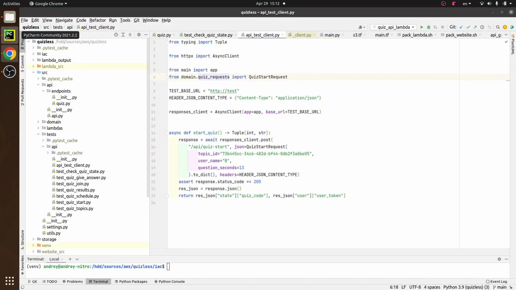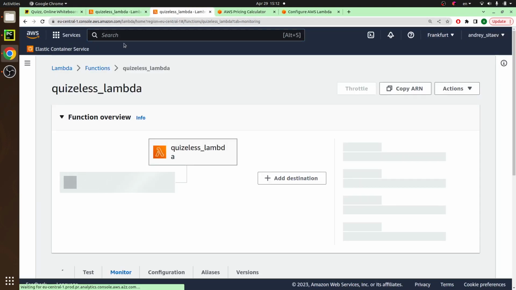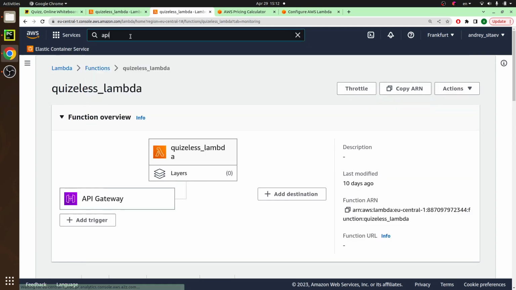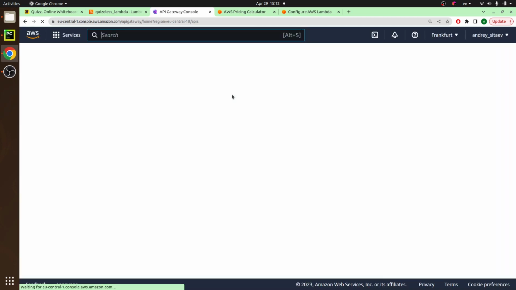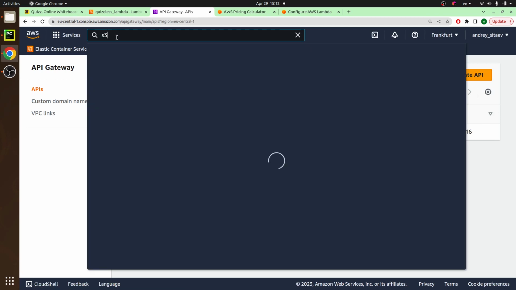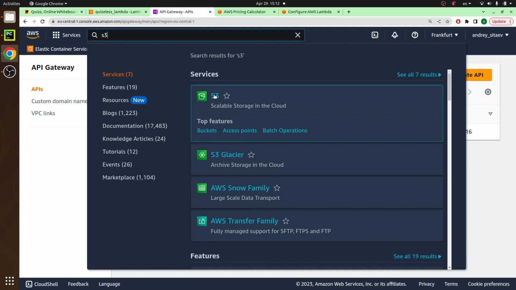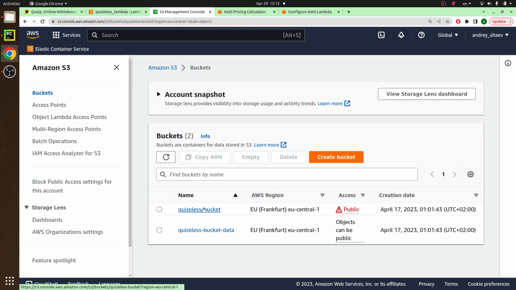So I'm going to go back to check my website address. Actually, instead, I would go to AWS API Gateway and check the address there. Oh, no, again, sorry, that's S3. I have a static website in S3, and there are two buckets, one for quiz data and the other for the website itself.